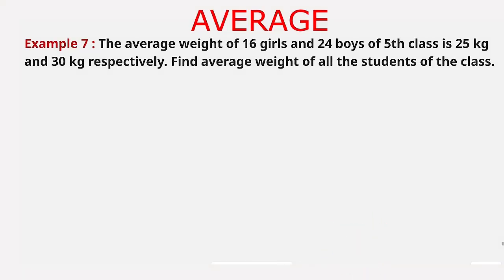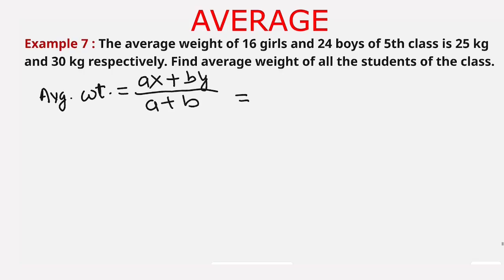We use the formula to solve this question. Average weight equals AX plus BY upon A plus B. We put the value. A is 16 girls and their average weight is 25 kg.